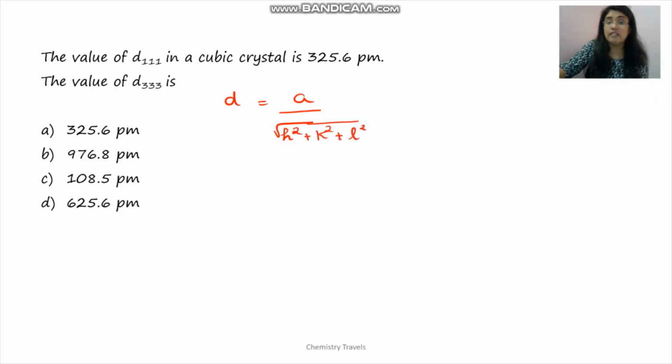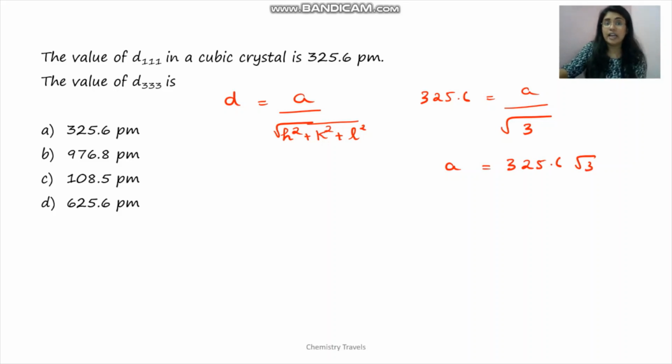In the first case, d111 is given by 325.6 picometer, which would be equal to a by root of 1 square plus 1 square plus 1 square, that is root 3. So a would be 325.6 into root 3. Now this a I can substitute. This is in the case of d111.